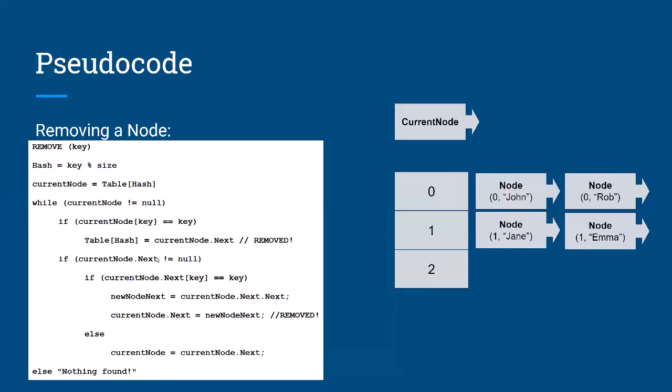And then here we're checking that if the node already does exist, then we're going to be continuing the search, and then we're going to remove it. So here we're trying to remove Emma.